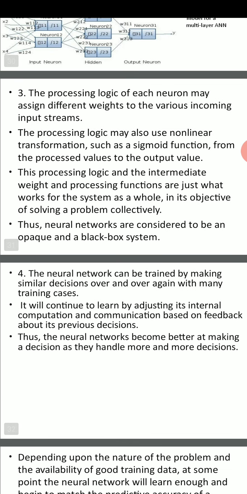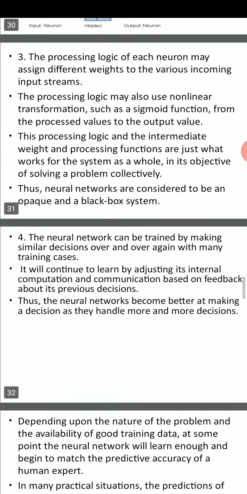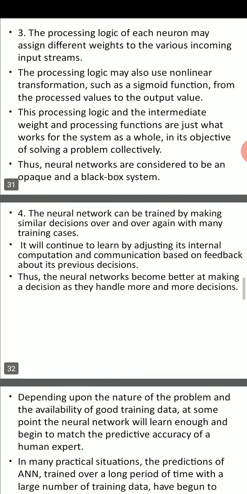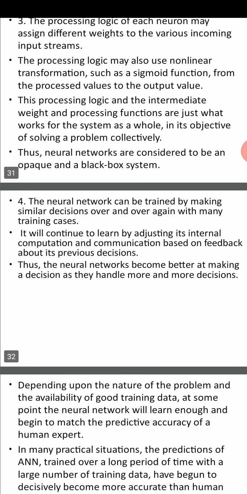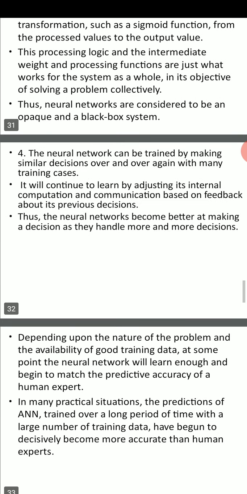The processing logic of each neuron may assign different weights to the various incoming input streams. The processing logic may also use non-linear transformations, such as a sigmoid function, on the processed values.